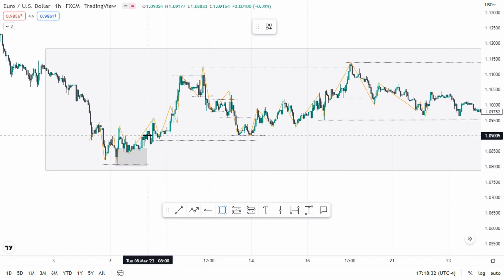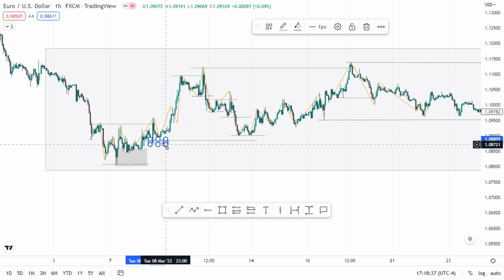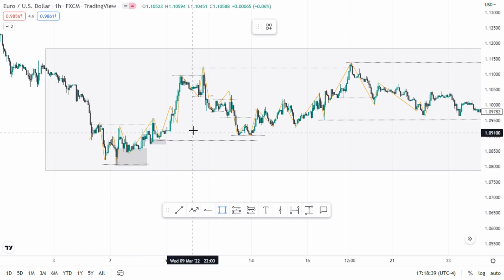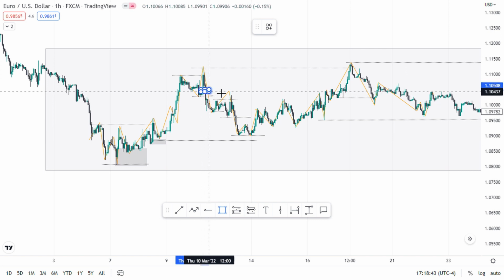So once again, after every retracement, you expect price to pull back into the order block, and at that point you can then take your trade. So in this case, what did the price do? It came back into the breaker block.